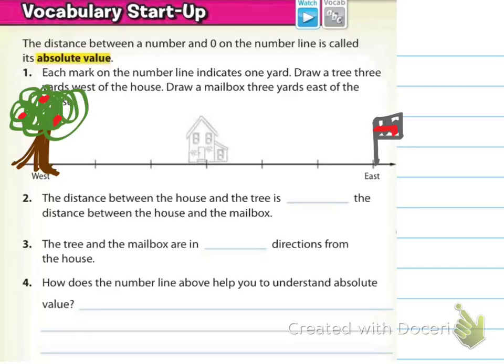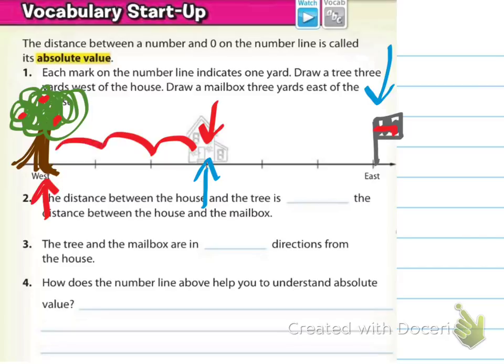All right, so it says to draw each of those, it says the distance between the house and the tree. So the house and the tree is blank the distance between the house and the mailbox. So what do you think? Notice this and notice this. What do you notice?